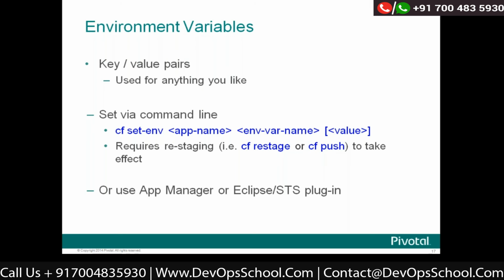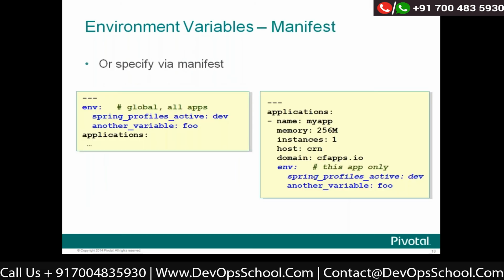Or if you want to actually set environment variables in the manifest, see, this is a manifest, and here is one application with the name my app. If you want to specify environment variables for this particular app, you can use env, then key value pairs. This is how you can set the environment variables.